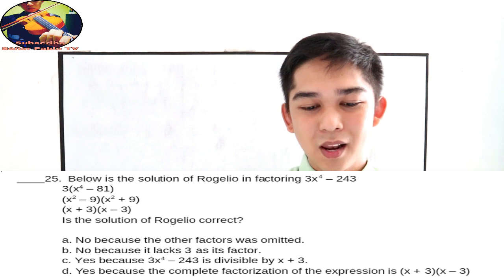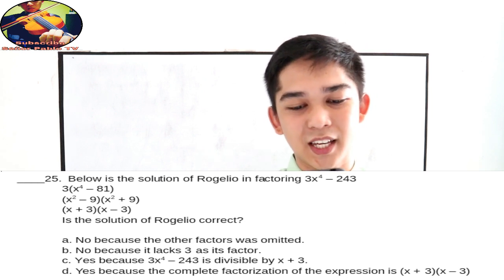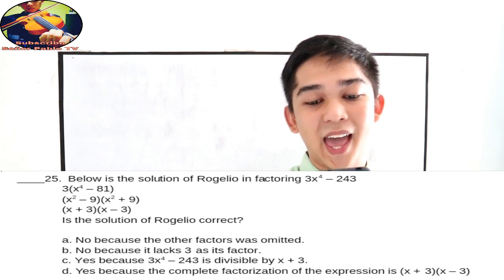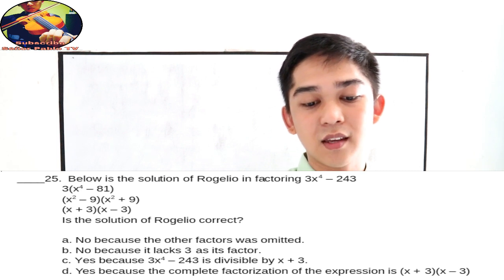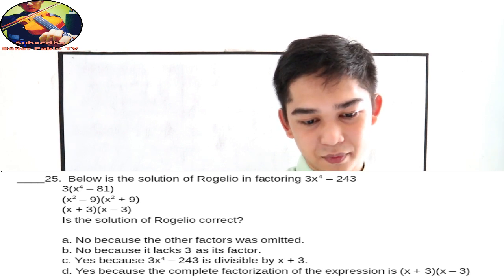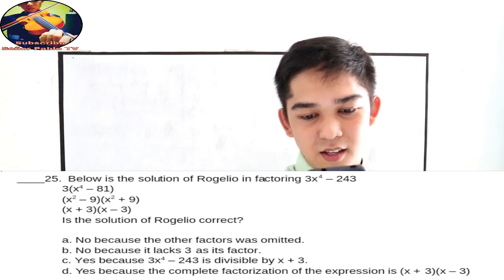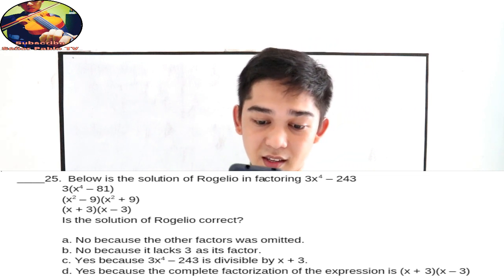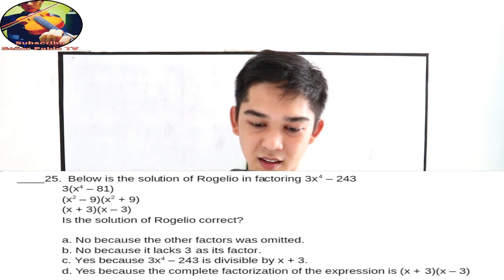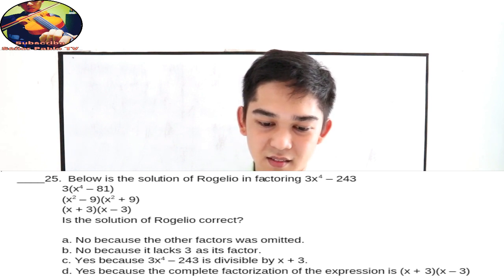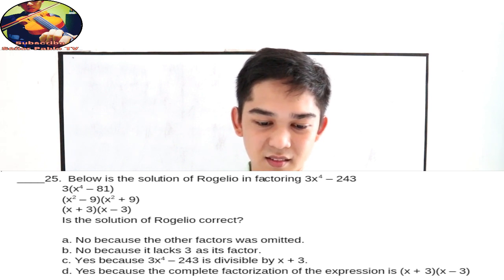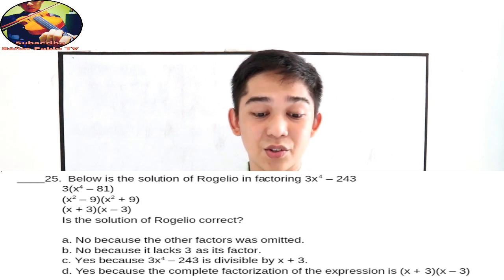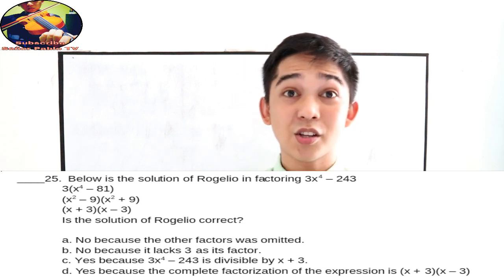Last number, 25. Below is the solution of Rogelio in factoring 3x raised to 4 minus 243. So, ang ginawa niya, kinuha yung common factor na 3. Then, check natin yung choices.